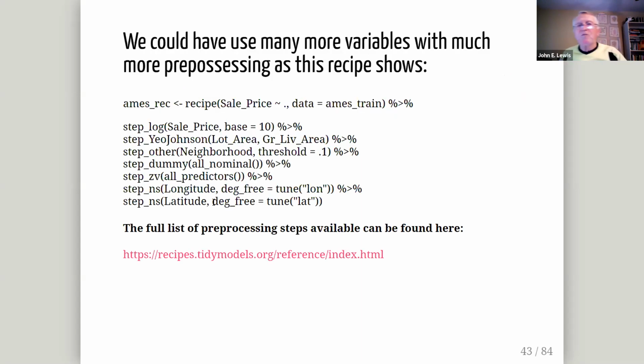We could have used many more variables. We could use the whole set if we wanted to, if we had time to go through all of the kind of pre-processing that may be needed to do this. You can see here, again, I have the same structure to my recipe, that I have the recipe and the formula, but in this case, I have used the dot variable here that includes all the variables of my training data.